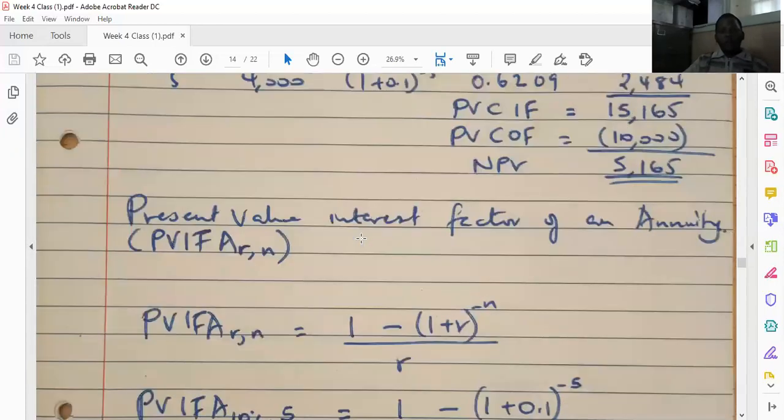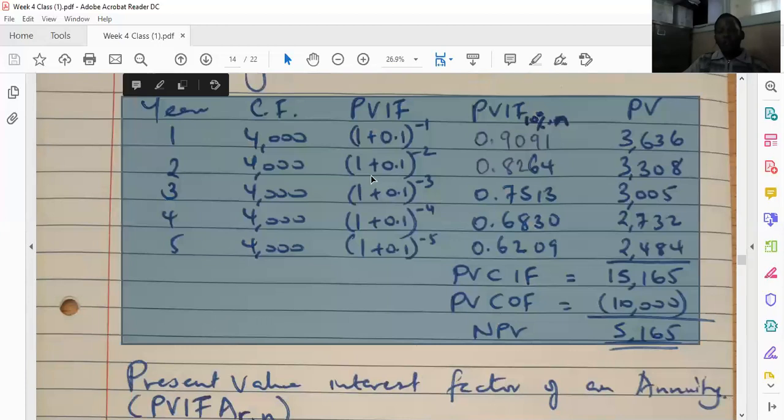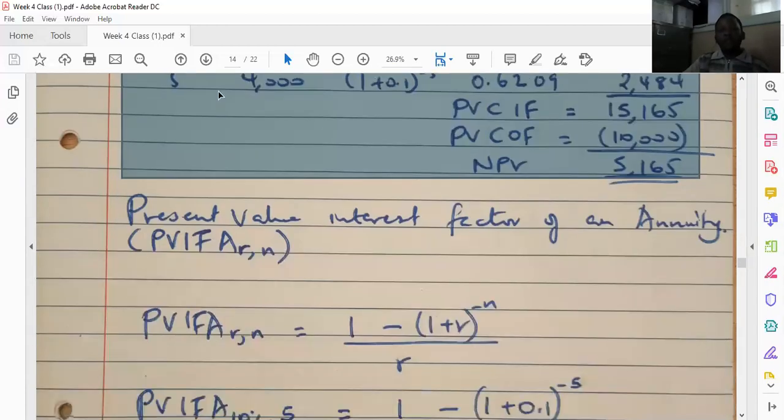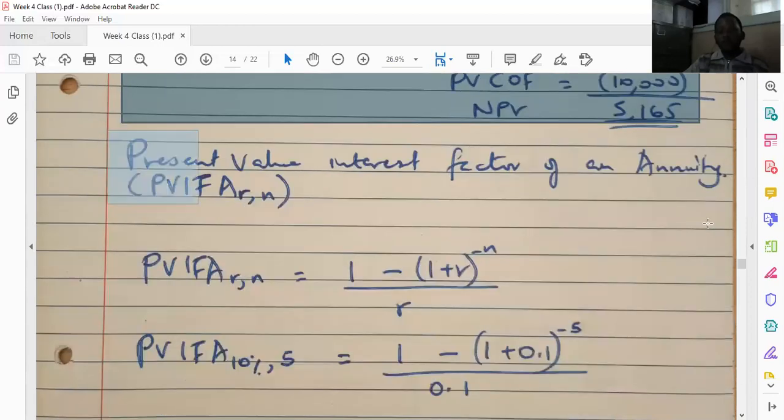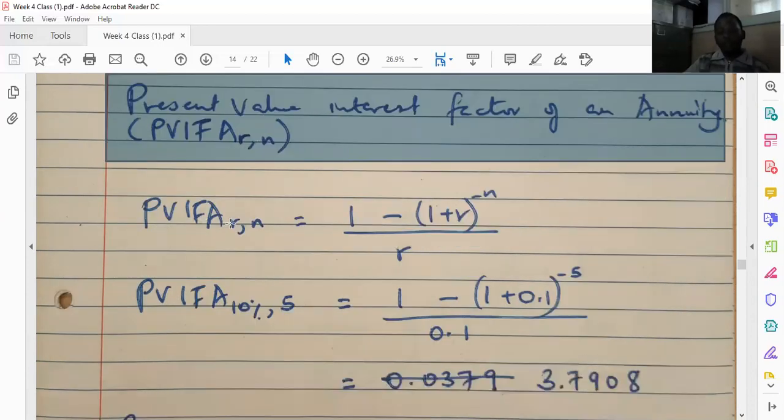Again, we noted that project A has an annuity of 4,000 shillings. When we have an annuity, we may avoid this process of computing the NPV, but rather we may use the present value interest factor of an annuity at the rate of R for n number of years.